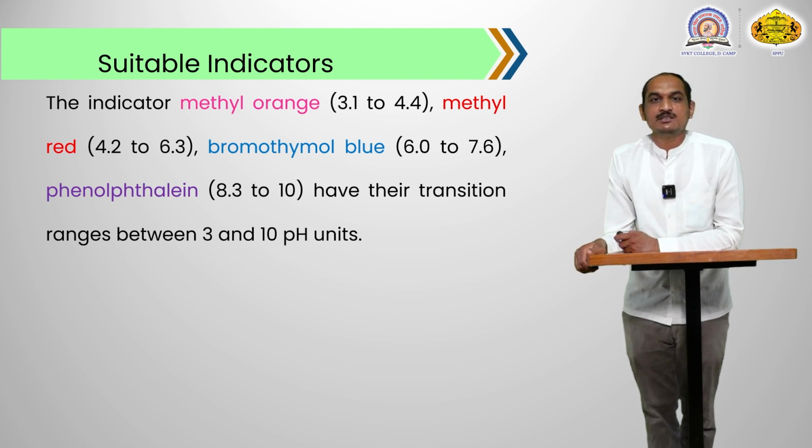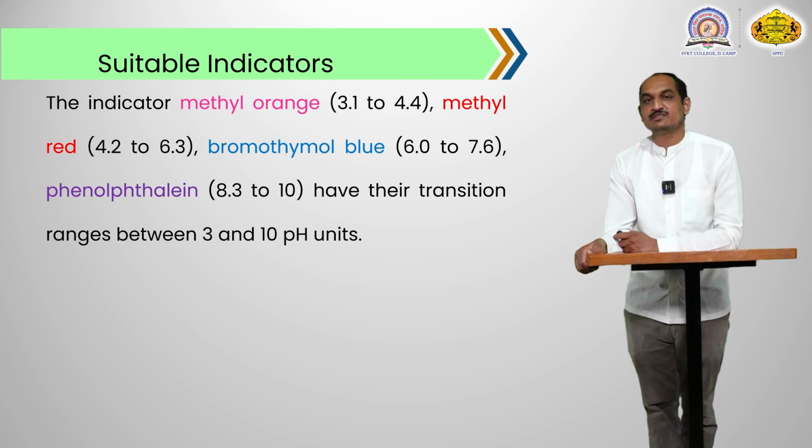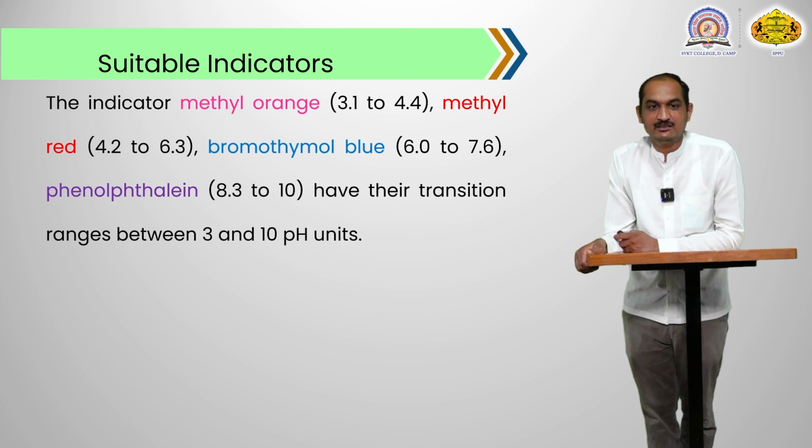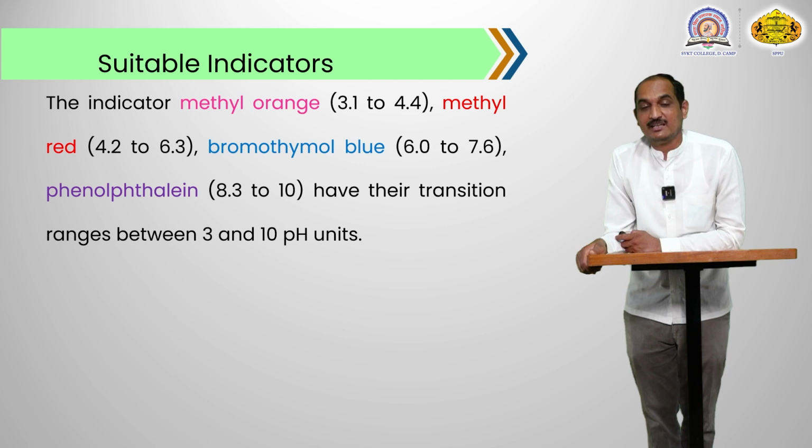First we take the example of methyl orange, having a pH range 3.1 to 4.4. The second indicator is methyl red, having a range 4.2 to 6.3, and the range of bromothymol blue is 6.0 to 7.6, and the well known and popular indicator phenolphthalein has a range 8.3 to 10.